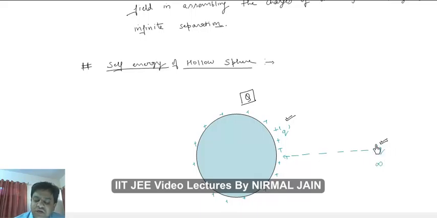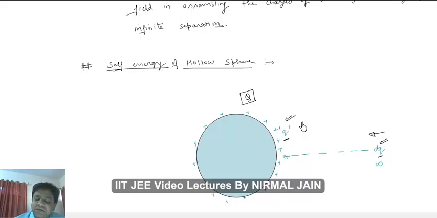Then this dq charge will experience some repulsion force due to this positive charge q available already on the sphere. So I will have to do some additional work in bringing this dq charge up to this sphere. This work of mine will get stored in the form of self energy of this hollow sphere.